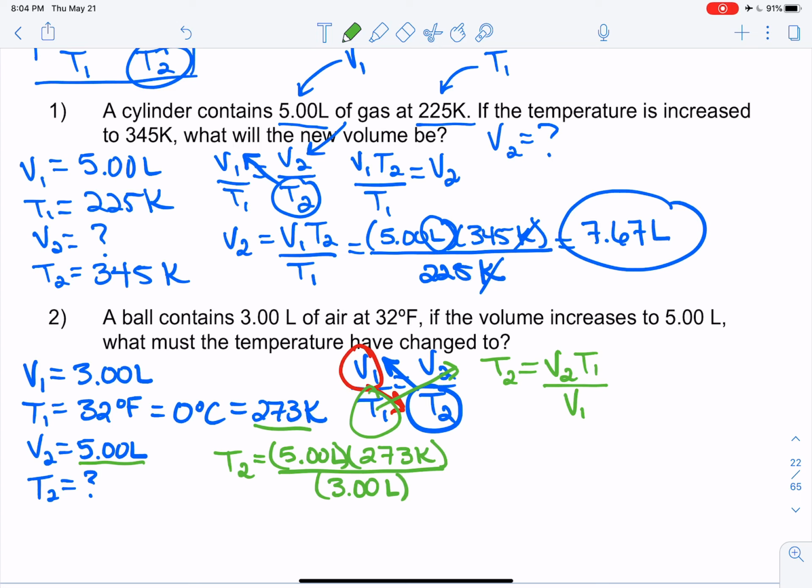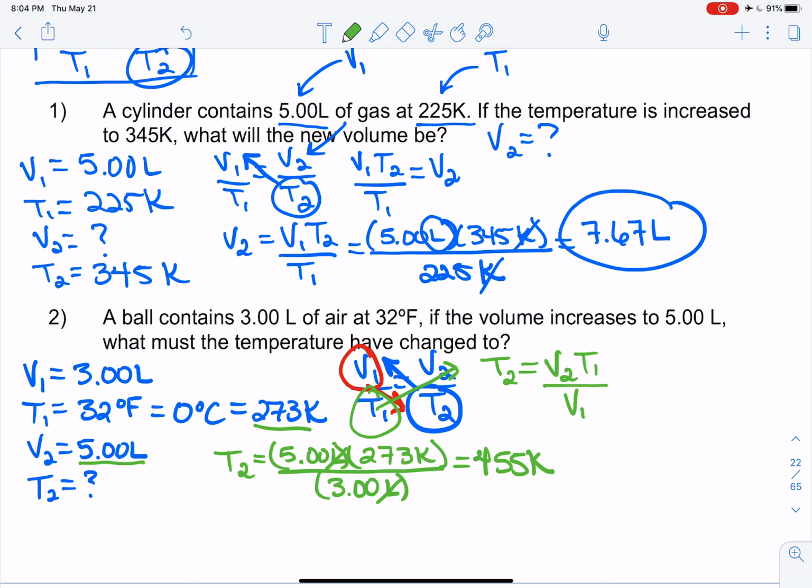Okay, so what is canceling out here? The liters. Good. Okay, so we do 5 times 273 divided by 3, and what we're going to get is 455 Kelvin.